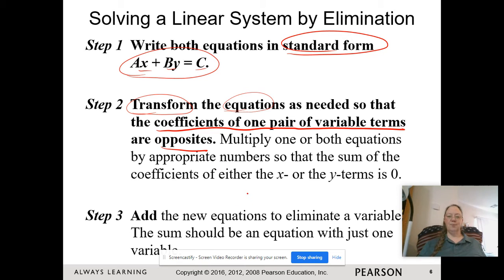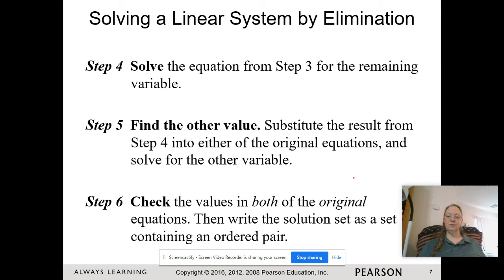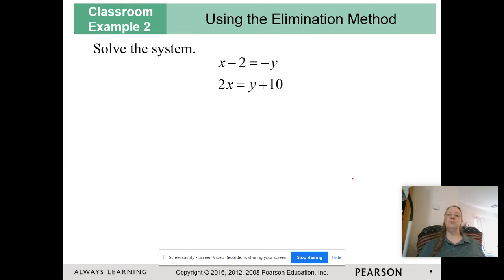So for example, let's suppose I have a positive 2x, plus y and stuff. In order for my x's to cancel, this would need to be a negative 2x. In order to make it negative 2, I might have to multiply. All right. Then you would add the equations together, solve, find the other value, and check.